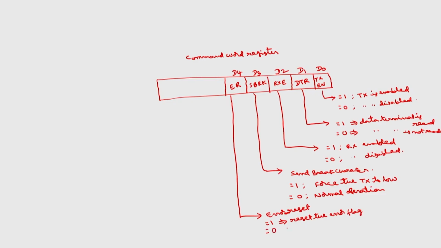If this is 0, it will not reset the error flag. Then we have RTS, IR, and enter hunt, EH. These are the different signals D5, D6, D7.